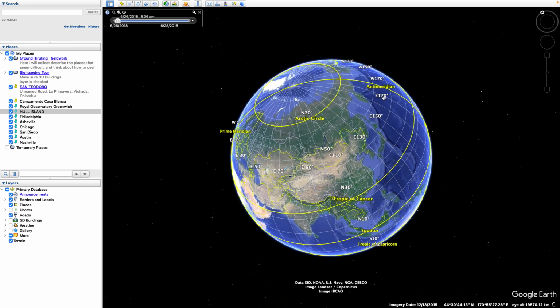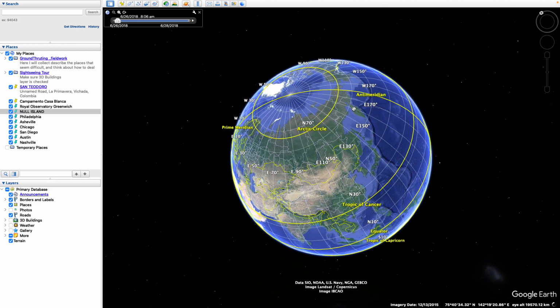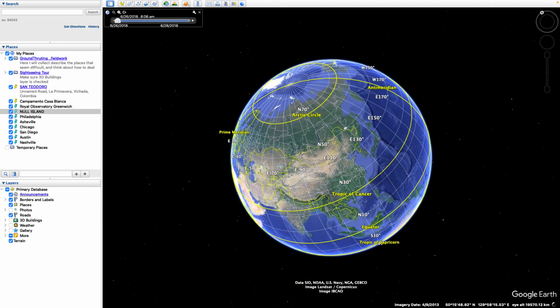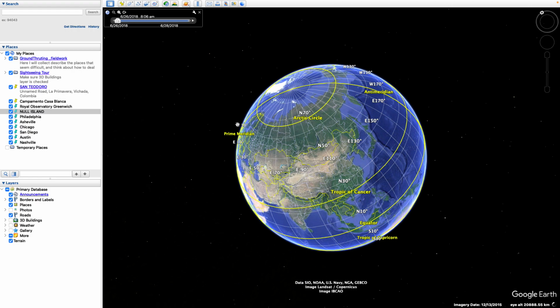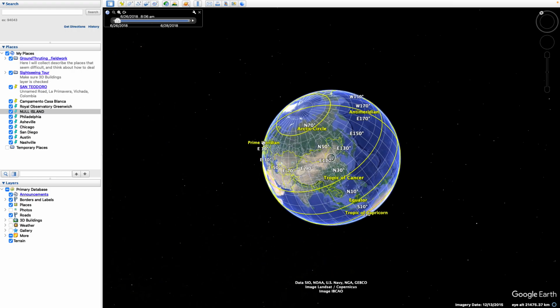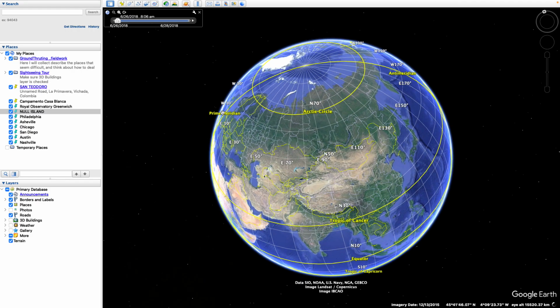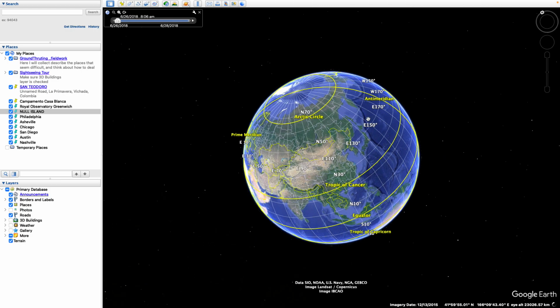Of course, there's the prime meridian, and there's the anti-meridian, which is exactly the other side. And see how the numbers here go from 0 to 180 because it's half a sphere.